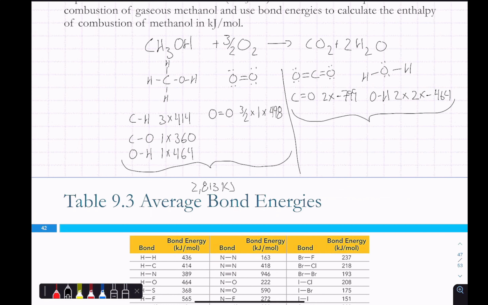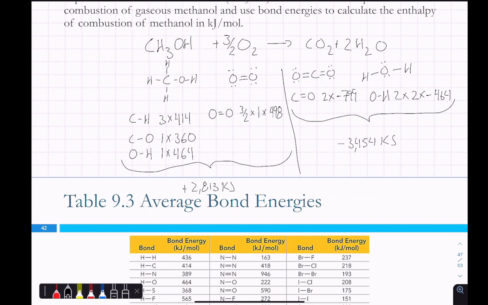All right, so that's positive. And then on our products, we'll get 2 times a negative 799 plus 2 times 2 times negative 464. So this will be negative 3,454 kilojoules.